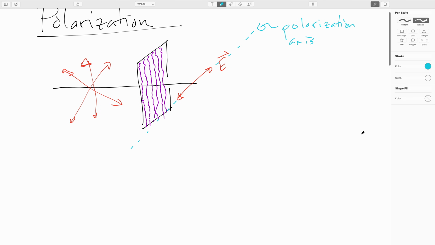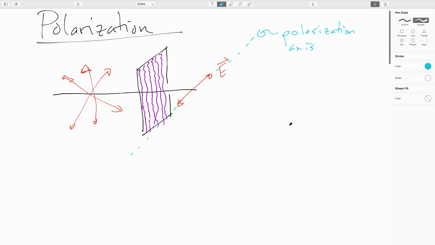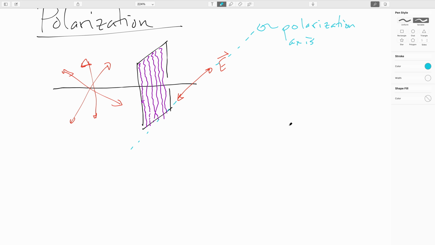All right, so how much light gets through? Well, remember, what we're interested in is what's transmitted through. Now, the intensity is proportional to the electric field strength squared. And we remember that our electric field goes as the sine, so this is going as sine squared. In the last video, we saw that the average value of sine squared is 1/2.